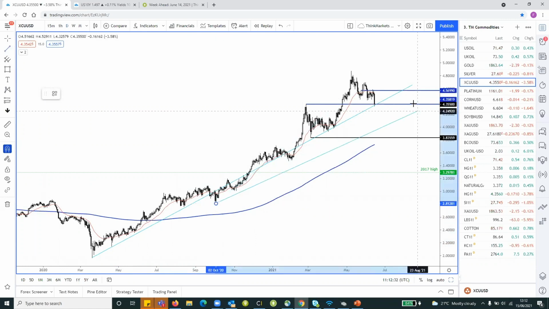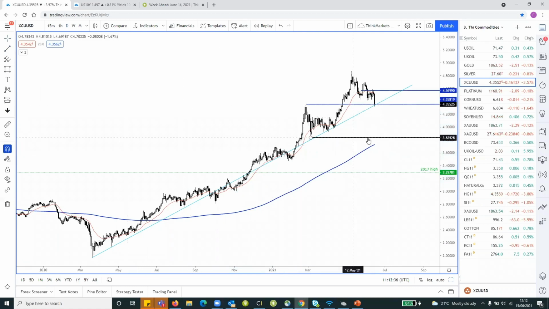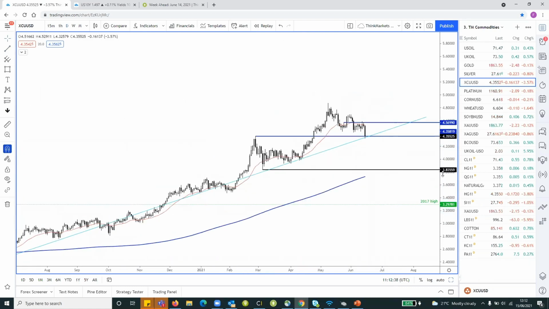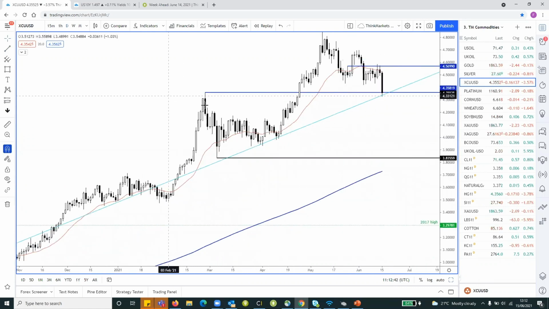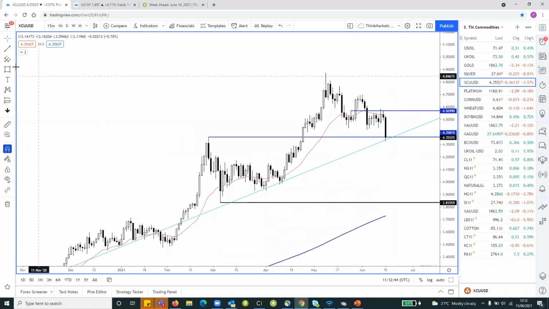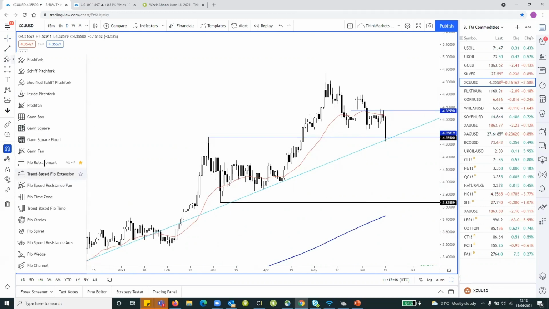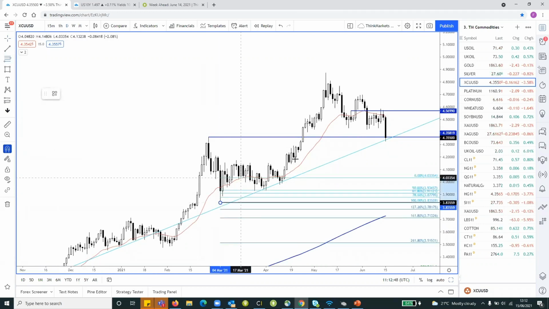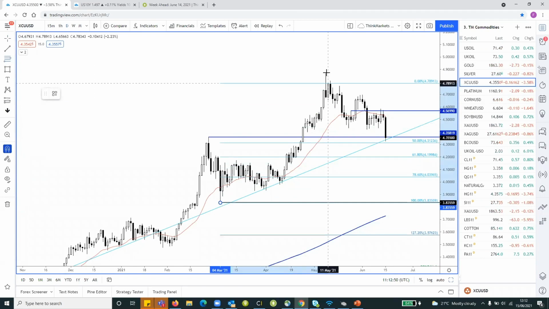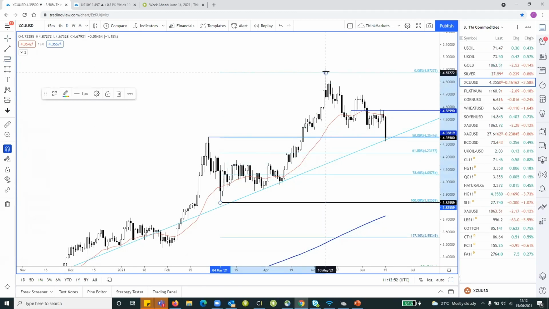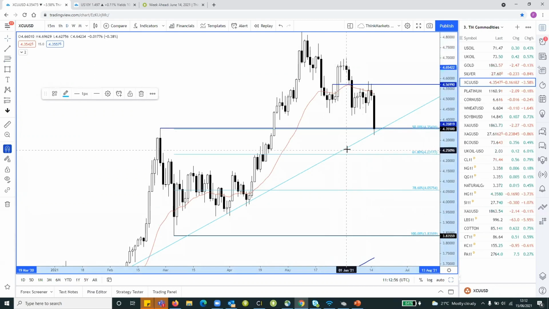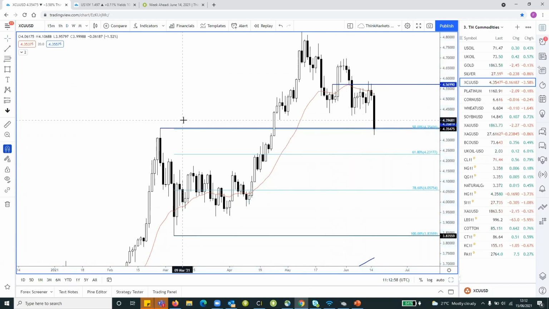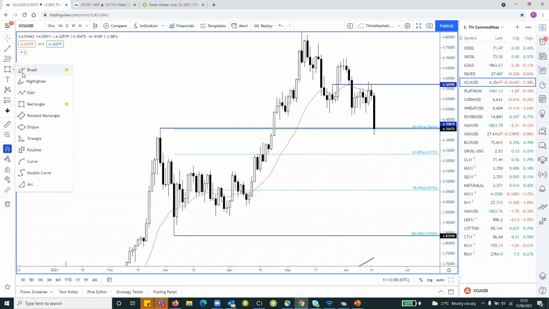Obviously it's been an insane move, totally backed up by the fundamentals that we observe, because the green energy push is very positive for copper.